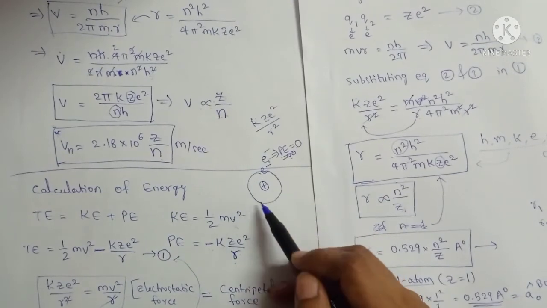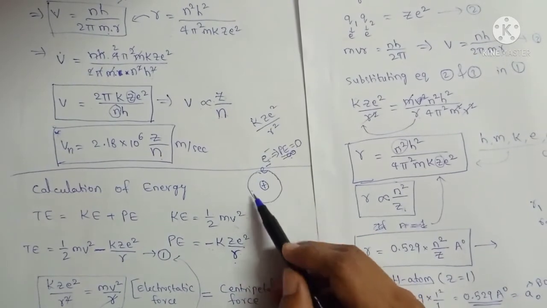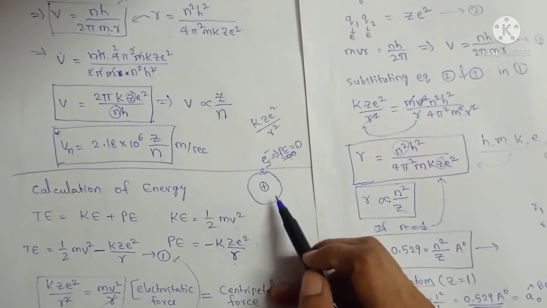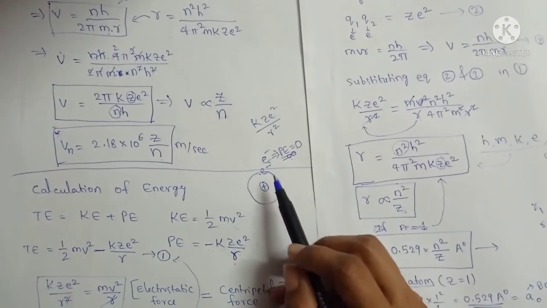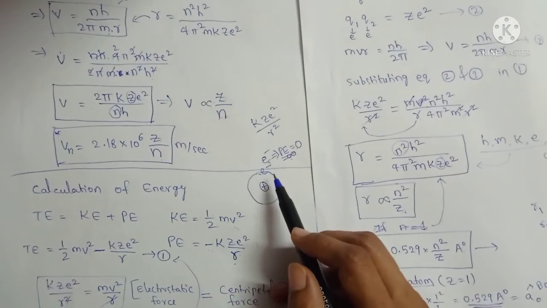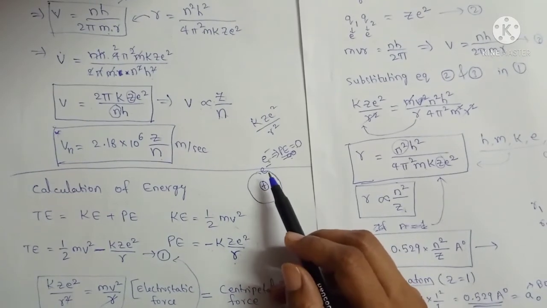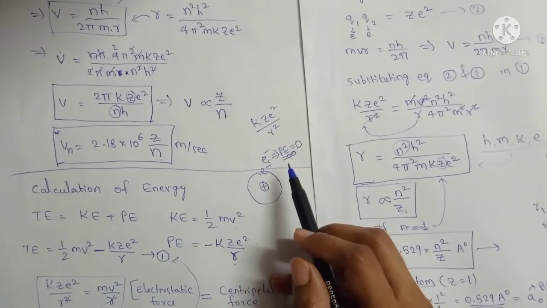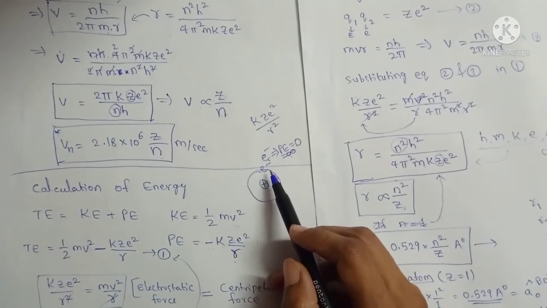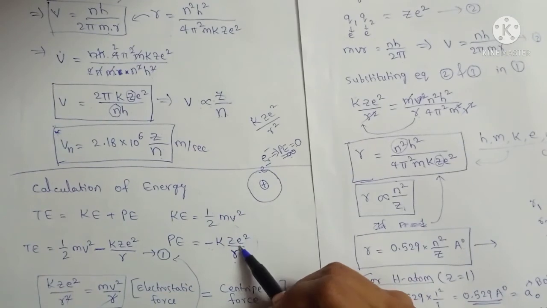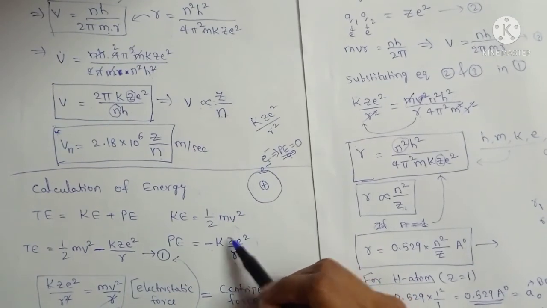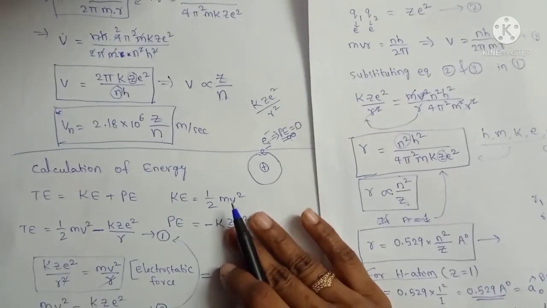When it is under electrostatic force of attraction and revolving, it is doing some work. If any system is doing work, it will lose energy, so the energy becomes negative. That's why the potential energy of the electron is negative, due to work done.